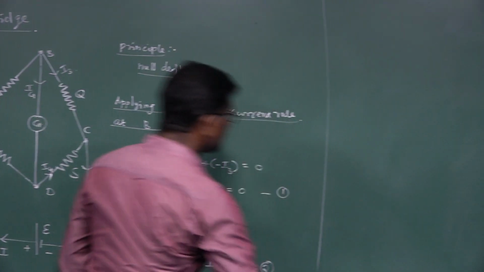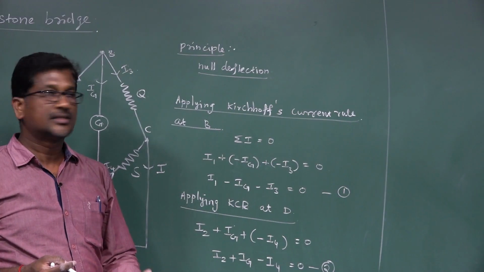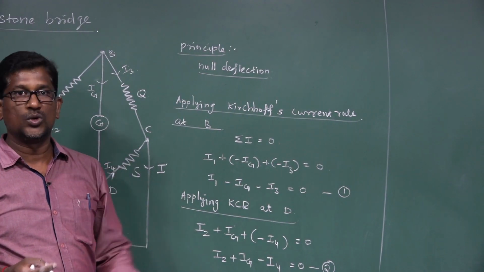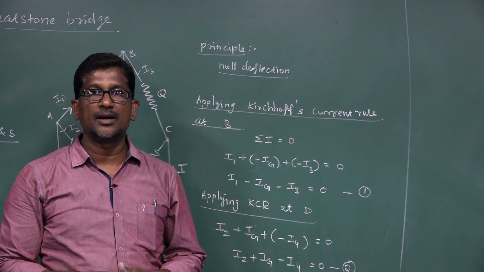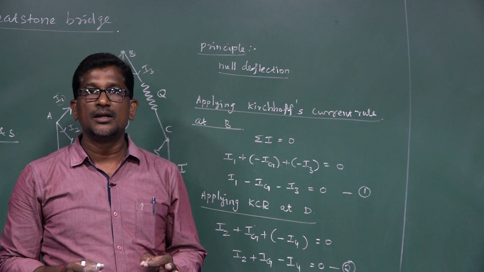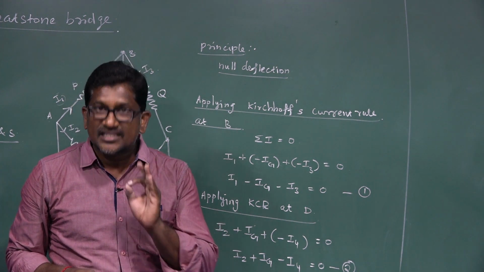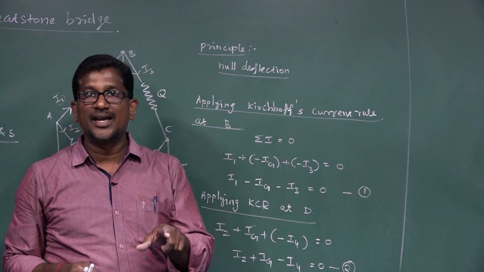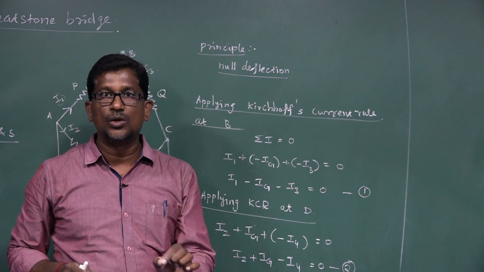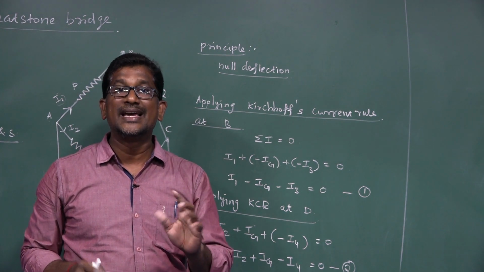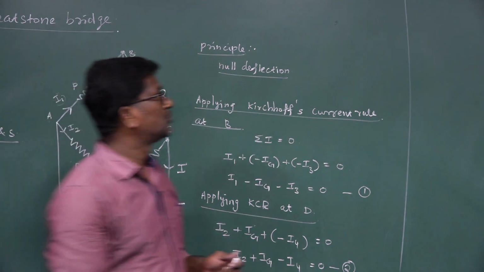Next, we want to apply another Kirchhoff law, that is the second law or loop rule. What is the Kirchhoff loop rule or Kirchhoff second law? According to Kirchhoff's second law, in a closed circuit, the algebraic sum of the products of the current and resistance in each part of any closed circuit is equal to the algebraic sum of the EMFs in that closed circuit.